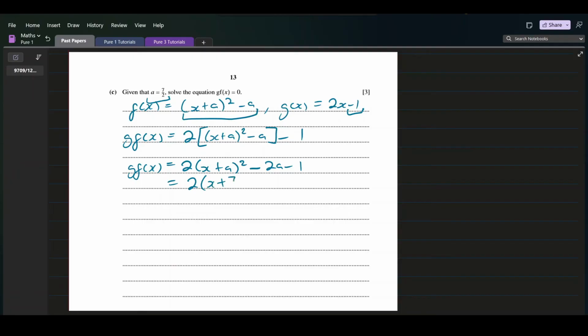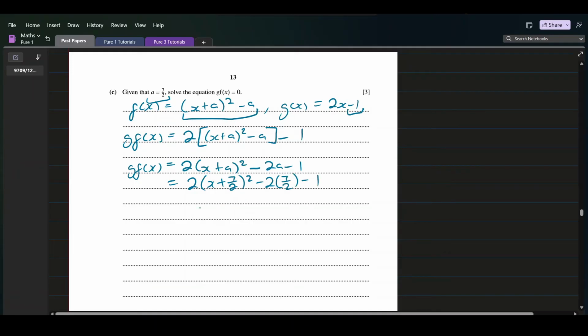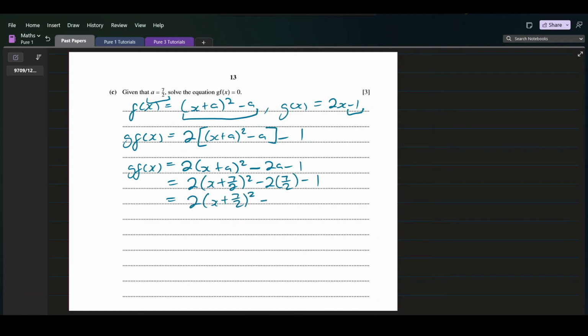So that's 2 times x plus 7 over 2 squared minus 2 times 7 over 2 minus 1. And so you end up with 2 times x plus 7 over 2 squared minus 7 minus 1, which is 2 times x plus 7 over 2 squared minus 8. And this is g f of x.